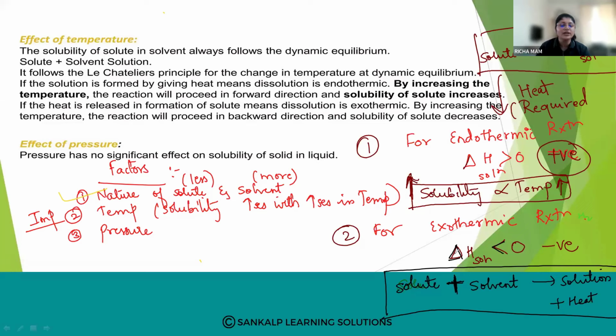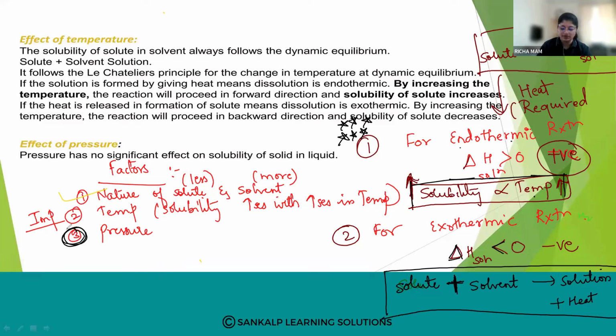So this is about exothermic and endothermic reactions. Whenever temperature is asked, remember that for endothermic, solubility is directly proportional to temperature, and for exothermic, it is inversely proportional to temperature. Is it clear?